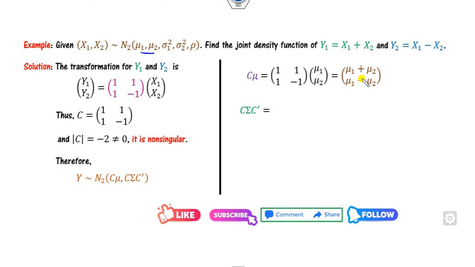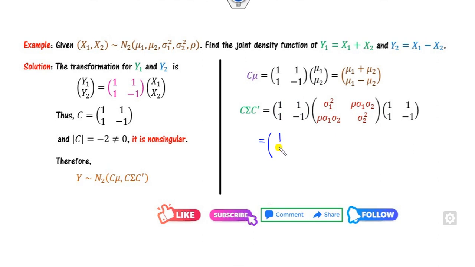So you can multiply them. It will be 1 1 1 minus 1, sigma will be sigma 1 square, rho sigma 1 sigma 2, rho sigma 1 sigma 2 and sigma 2 square, into 1 1 1 and minus 1. Now you can multiply them.